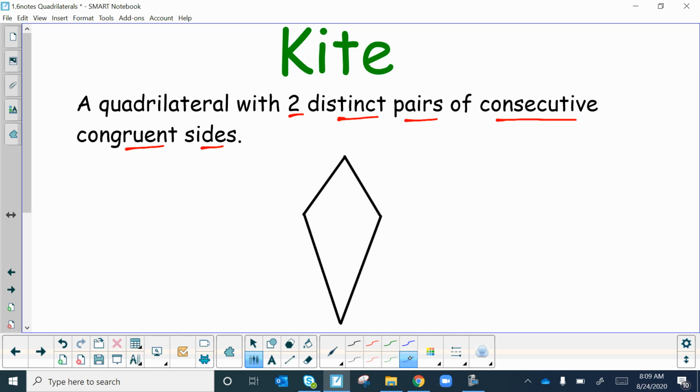This is what a kite looks like, but it's not definitely a kite until you see these two marked congruent and these two marked congruent. Okay, so that is a kite.